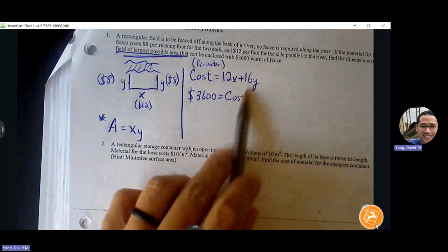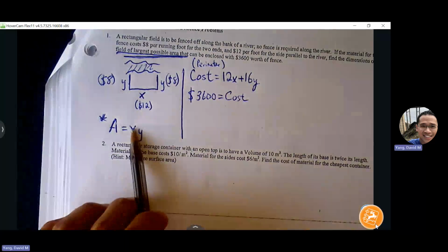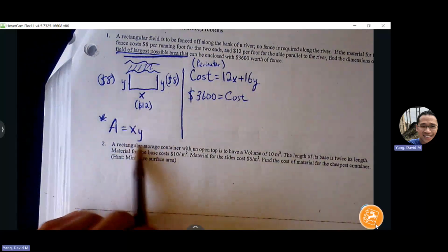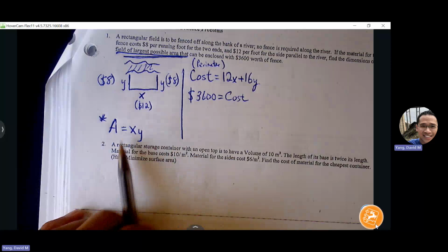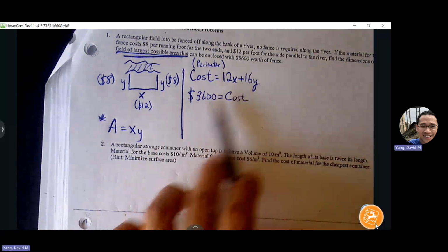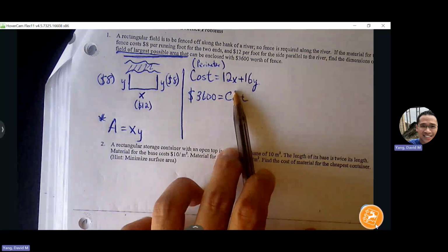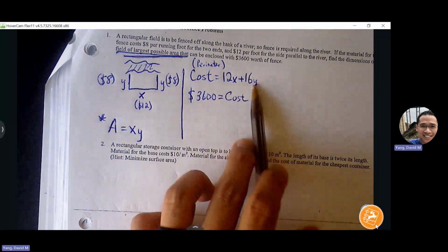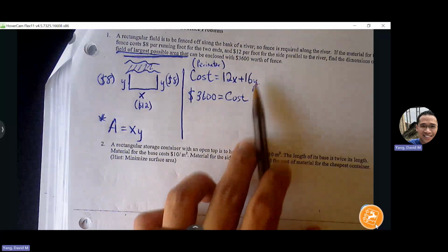So I can solve for one of the variables, plug in, clean it up, find the derivative, find c prime, set equal to 0, solve for x. So again, is there a variable that's easier to solve than the other? Not really. So if they're about the same, I'm always gonna target y.